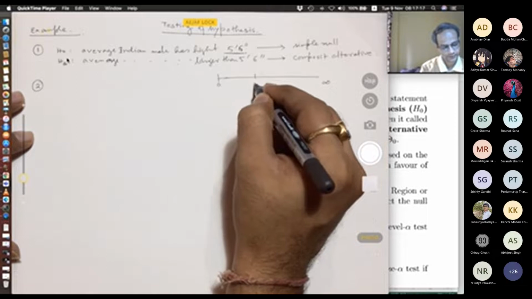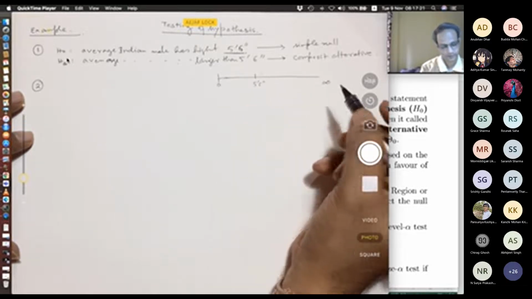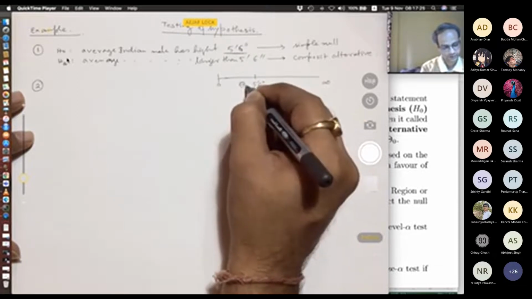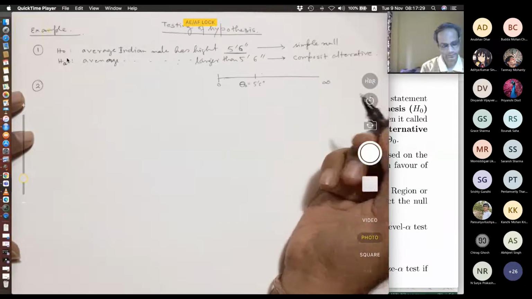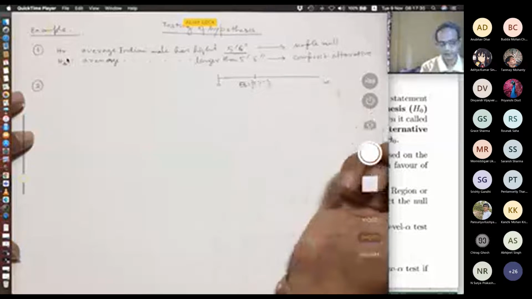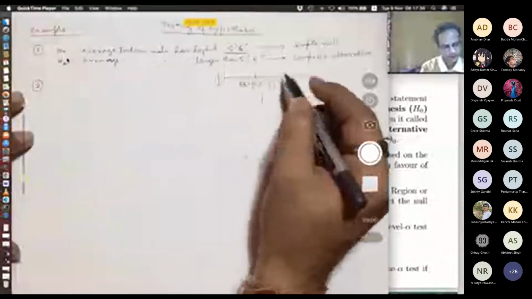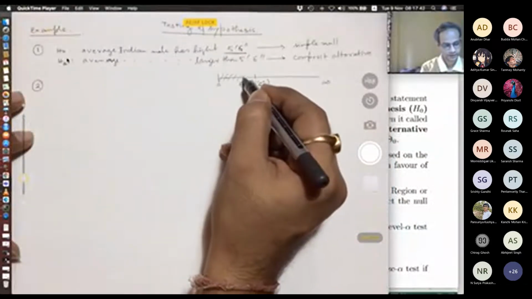It is somewhere at 5 feet 6 inch, so the set specified, this is theta naught, only this one. And for the alternative, it is larger than 5 feet 6 inch. This part is not in the hypothesis.